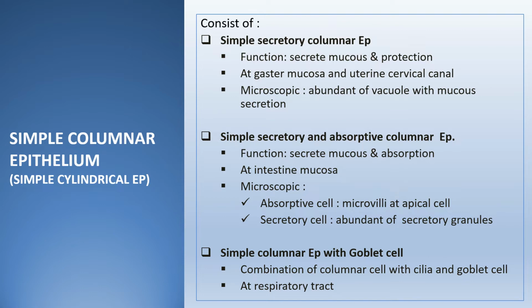Absorptive cell has microvilli at the apical cell, and the secretory cell has abundant secretory granules. Simple columnar epithelium with goblet cells is a combination of columnar cells with cilia and goblet cells. It can be found at the respiratory tract.